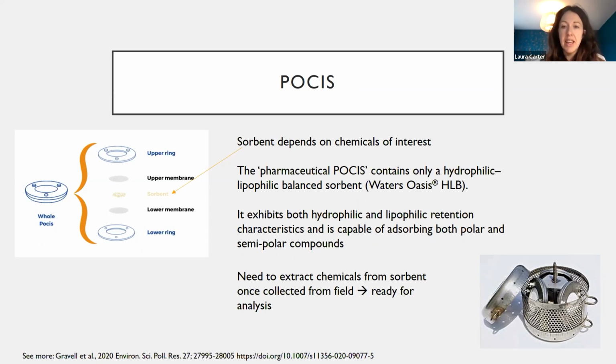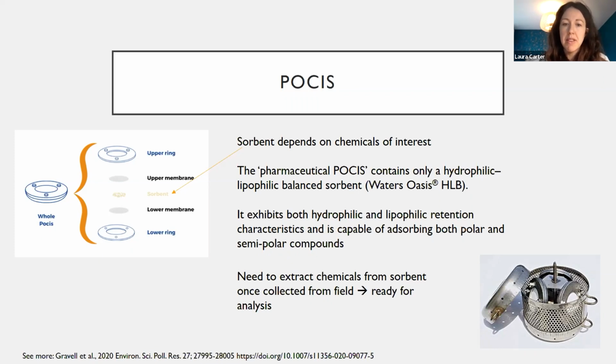The idea is that large substances, thinking about bacteria, macromolecules, particulates, are excluded from this device, but it can capture your trace contaminants. There are a number of different configurations for the sorbent material in the middle.